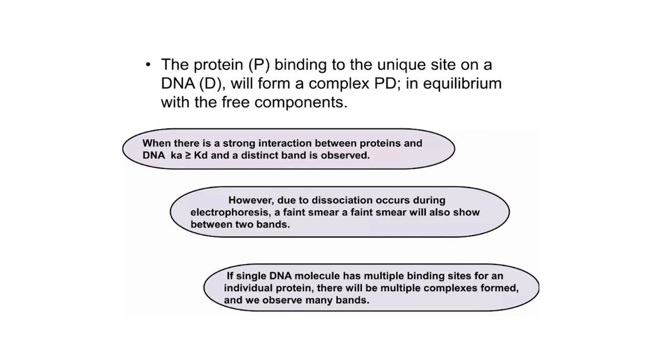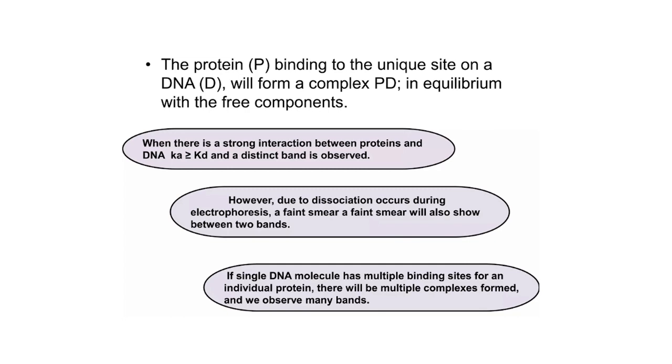The intensity also decreases to some extent, and there is a smear. A smear is basically a drag that you would be observing, because it's forming a complex and this is an ongoing process, so based on how much smear you are getting, you can tell how good the affinity is or how strong the binding is.